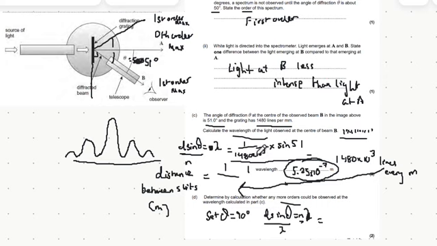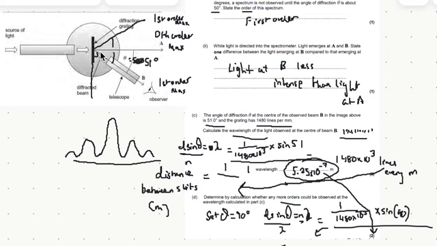The distance between slits is 1 over the number of lines every meter, which is 1 over 1480 times 10 to the power of positive 3, times sine of the maximum angle of diffraction, over the wavelength we just calculated. That will give the maximum number of orders that can happen, because the maximum order can only happen at an angle of 90 degrees.